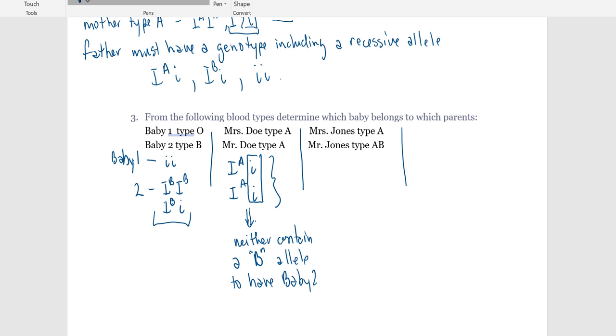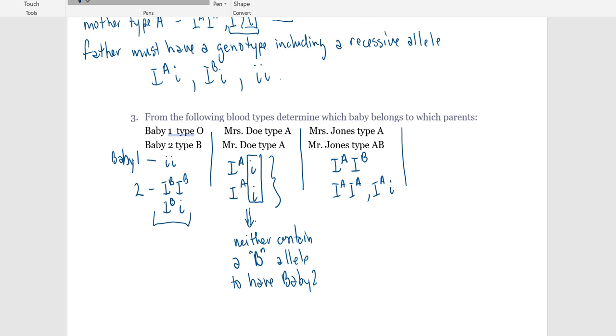Now, if you tackled it from Mrs. Jones type A and Mr. Jones type AB, well, Mr. Jones would have to be I^A I^B, and Mrs. Jones being type A would either be homozygous dominant or heterozygous.